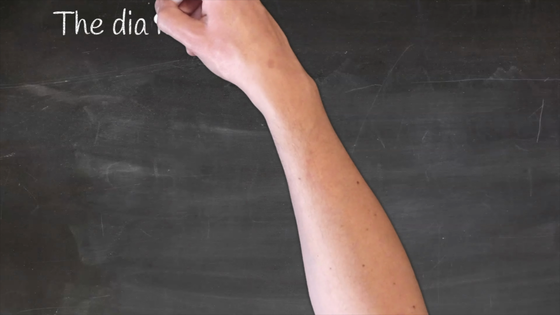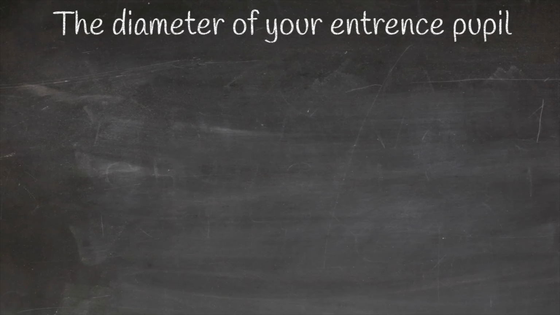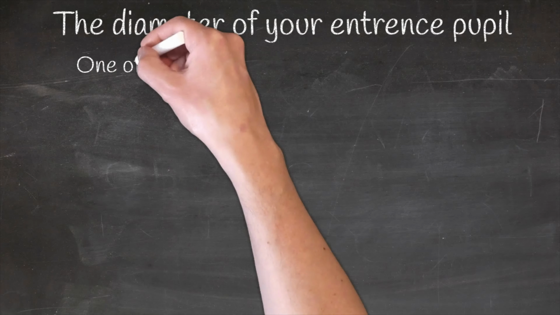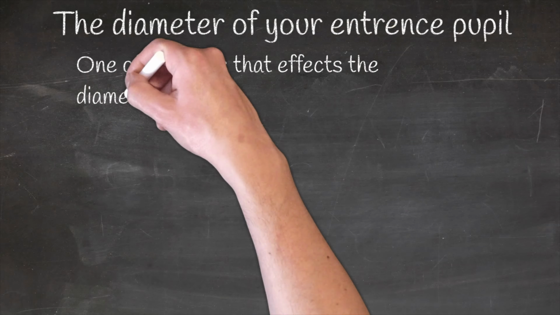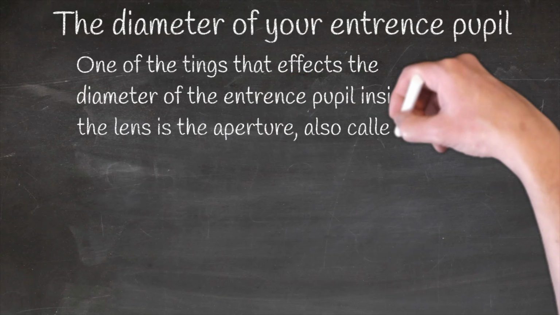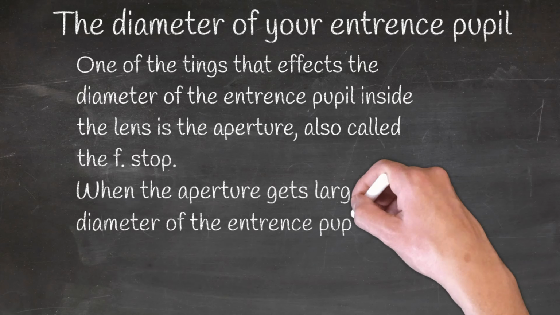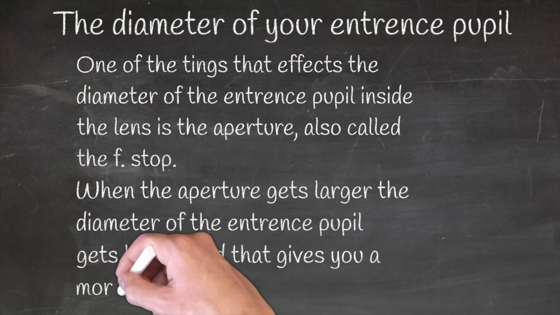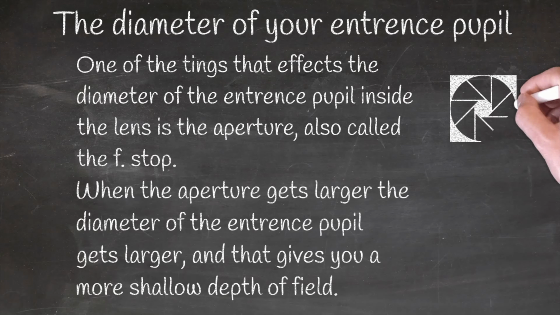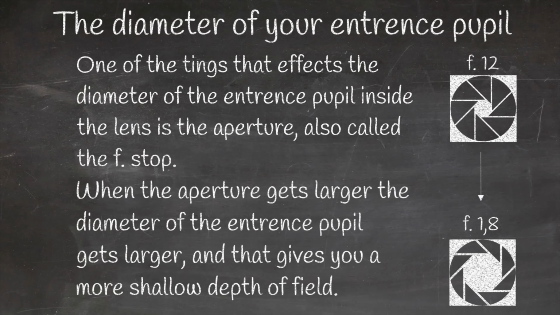So now let's talk about the diameter of your entrance pupil. One of the things that affects the diameter of the entrance pupil inside the lens is the aperture, also known as f-stop. When the aperture gets larger, the diameter of the entrance pupil inside the lens also gets larger, and that gives you a more shallow depth of field.